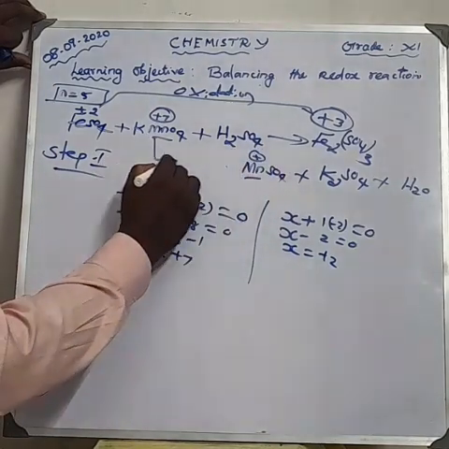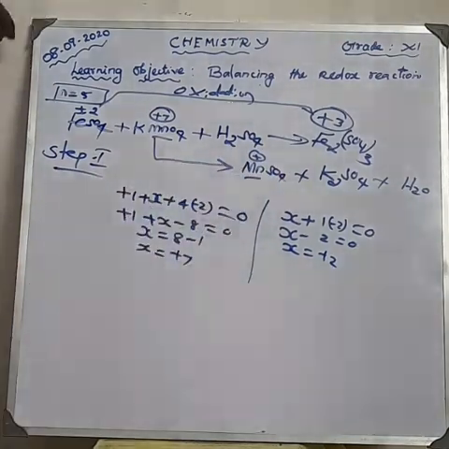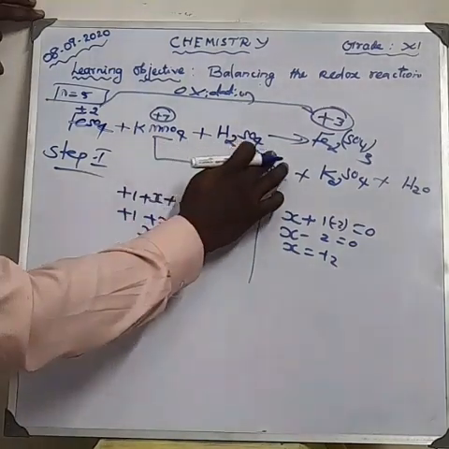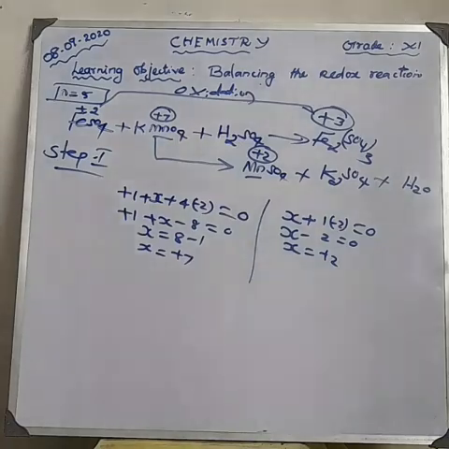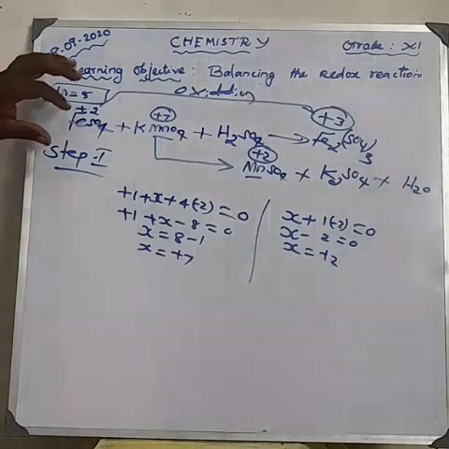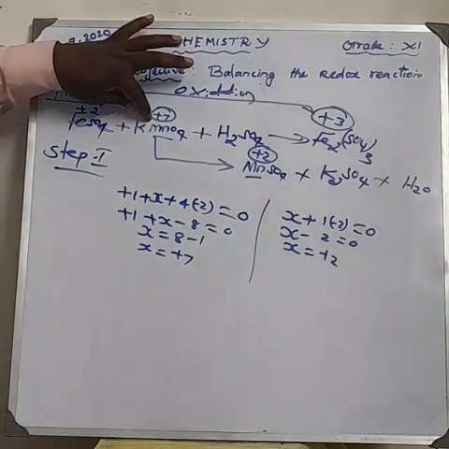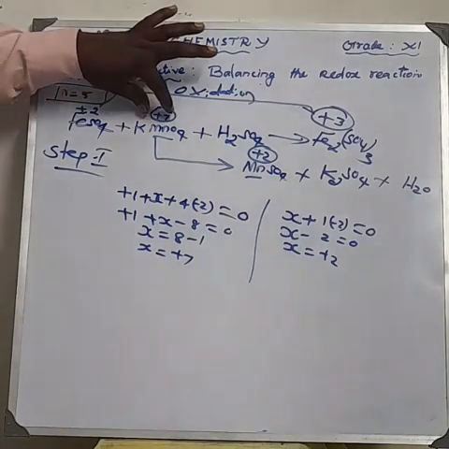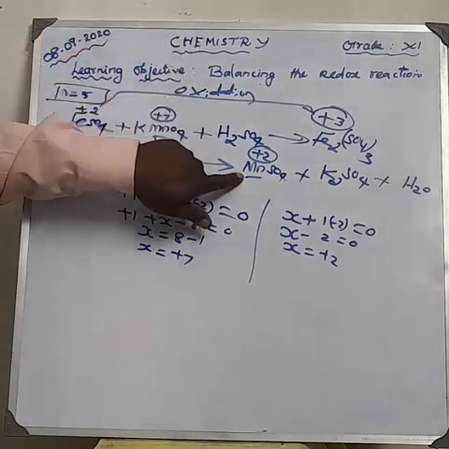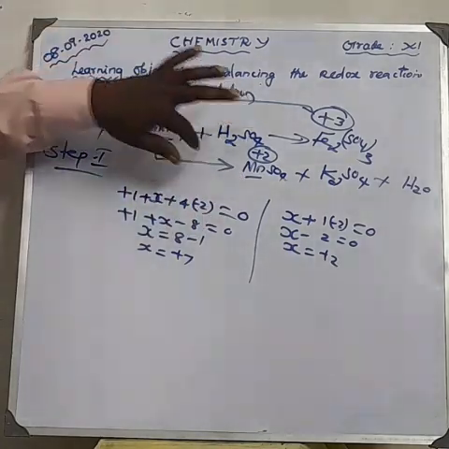Now the oxidation number of Mn in KMnO4 changes from plus 7 to plus 2.